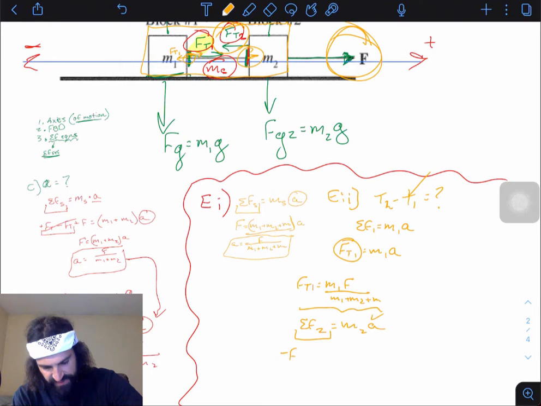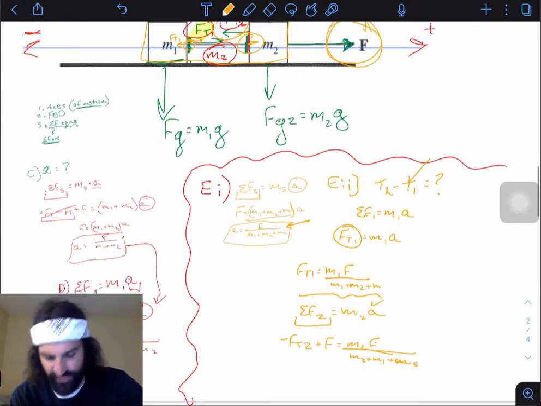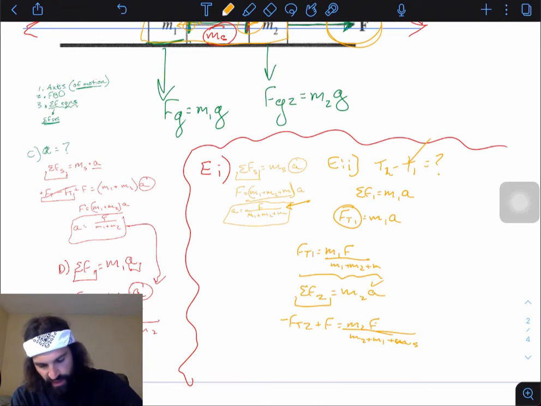So negative Ft2 plus F equals m2 times this massive acceleration, F over m2 plus m1 plus the mass of the string, which I think I just started calling m halfway through this problem, but that's fine.